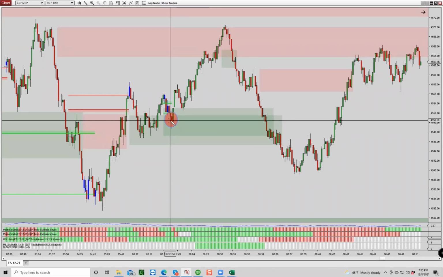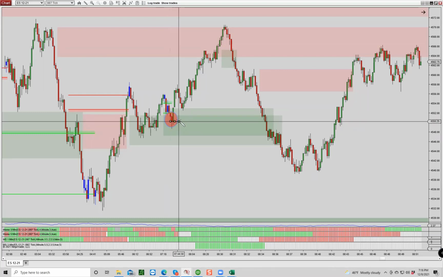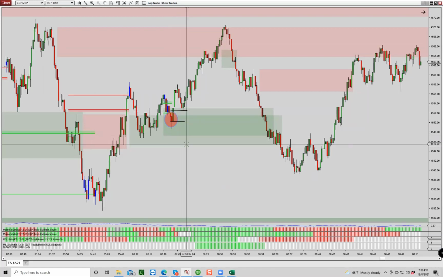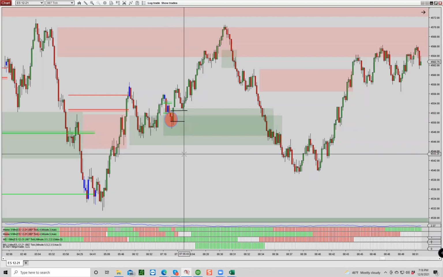So this would be a signal bar for me. And I'm going to use this as a signal bar until I either get a close below the low or I get my entry 2 ticks above the high, which would be right there. So that's how I play this on stocks. I would do futures no different if it were me trading.